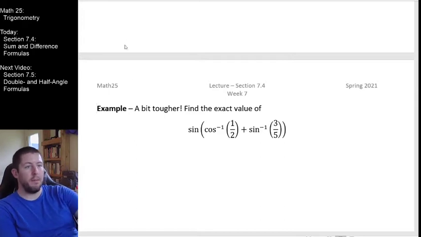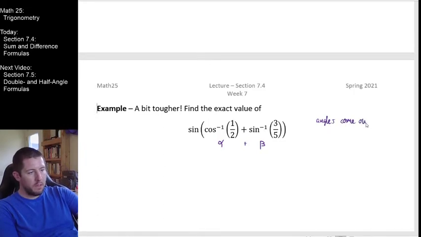So here's what I'm thinking to myself. I want to decompose this into the two things that I see it to be. Let's call this alpha, and let's call this beta. I'm going to remind you, angles come out of inverse trig functions. So all I'm doing is giving some arbitrary name to what that angle is.